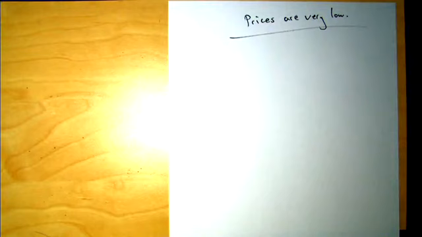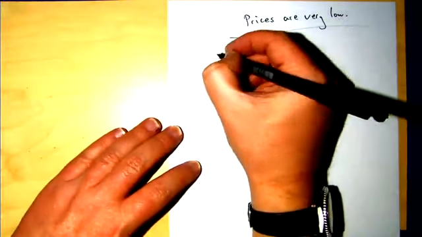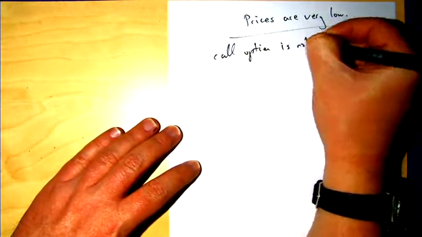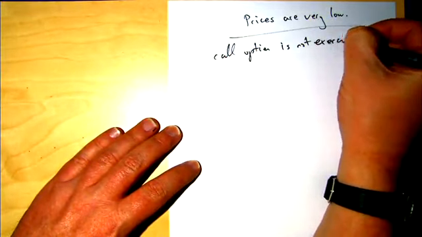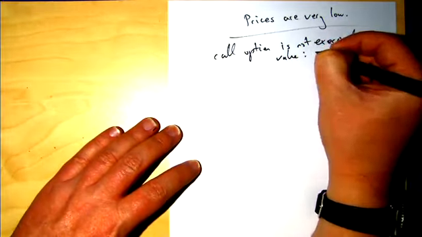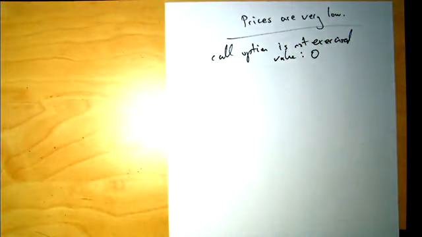Say I try to sell you a call option with an exercise price of $20 and the current spot price is 1 cent. How much would you pay for that option? Nothing. It's ridiculous. So we expect a value of 0. The call option is not exercised, and therefore its value, or the call option premium, should be 0.